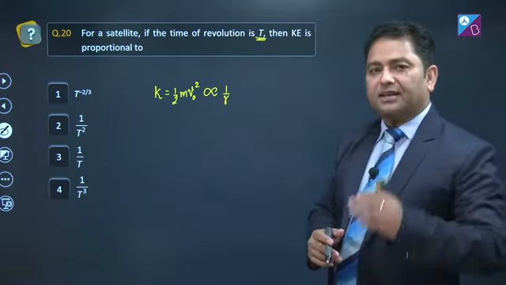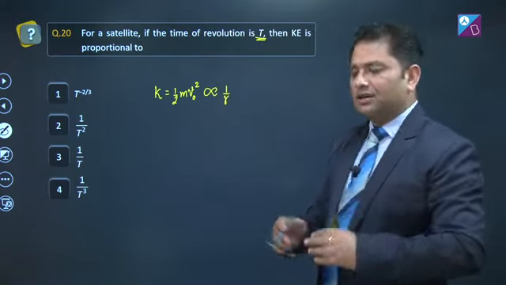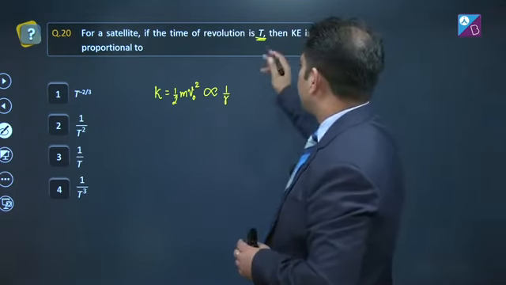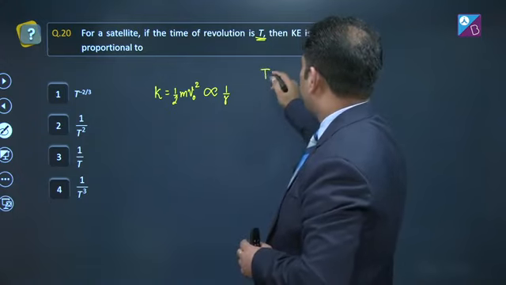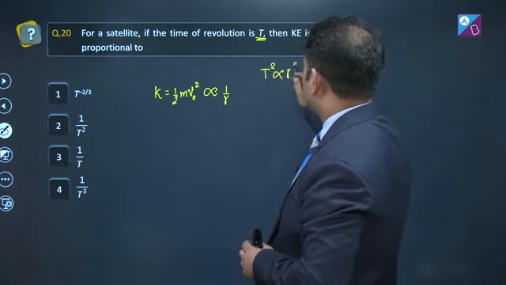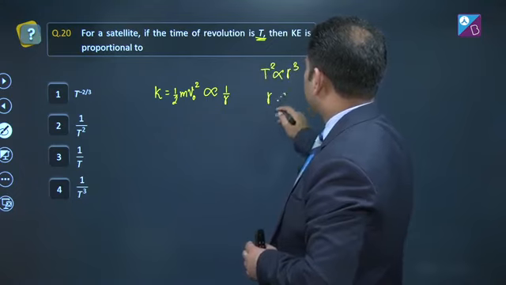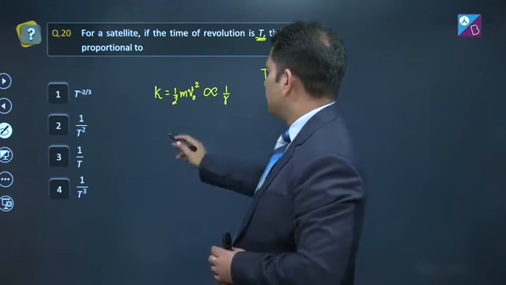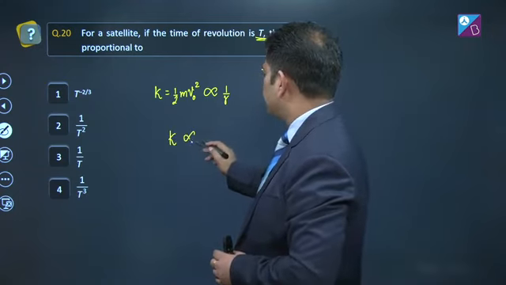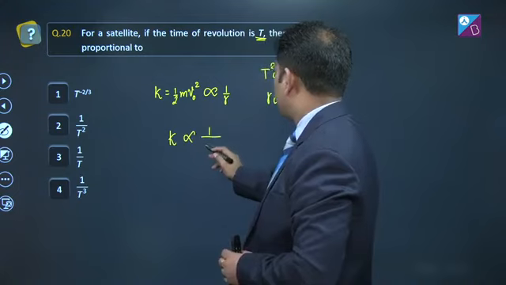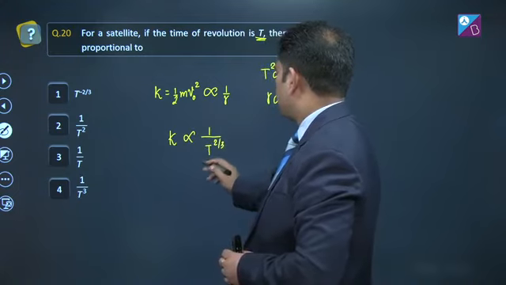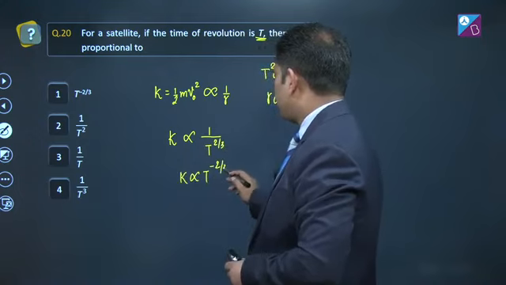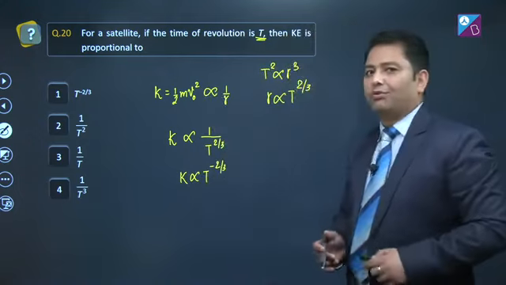Orbital speed is directly proportional to 1 by root r, so when you square it, this results. Second expression, it has to be put in terms of time period, no problem. T square is directly proportional to r cube, so r will be directly proportional to t raised to the power 2 by 3. That's all you have to do. Kinetic energy is directly proportional to, in place of r, t raised to the power 2 by 3. Take it to the numerator, t raised to the power minus 2 by 3, so option number 1 is waiting for you.